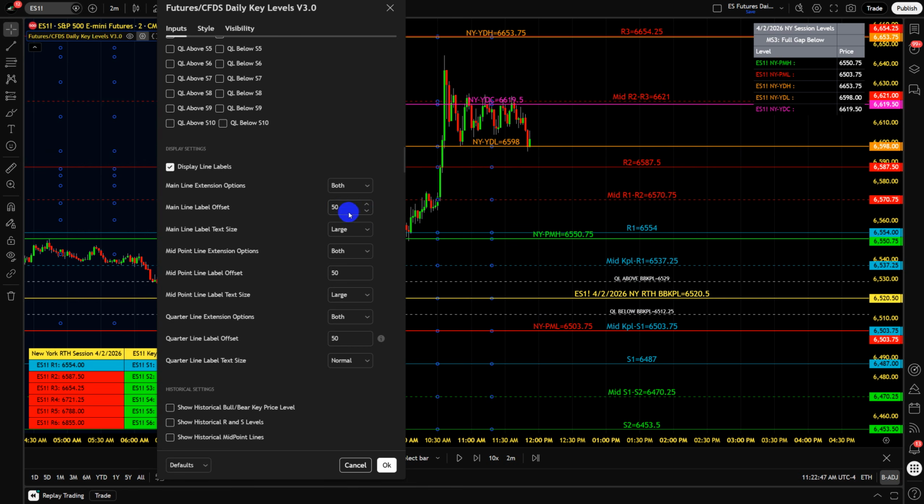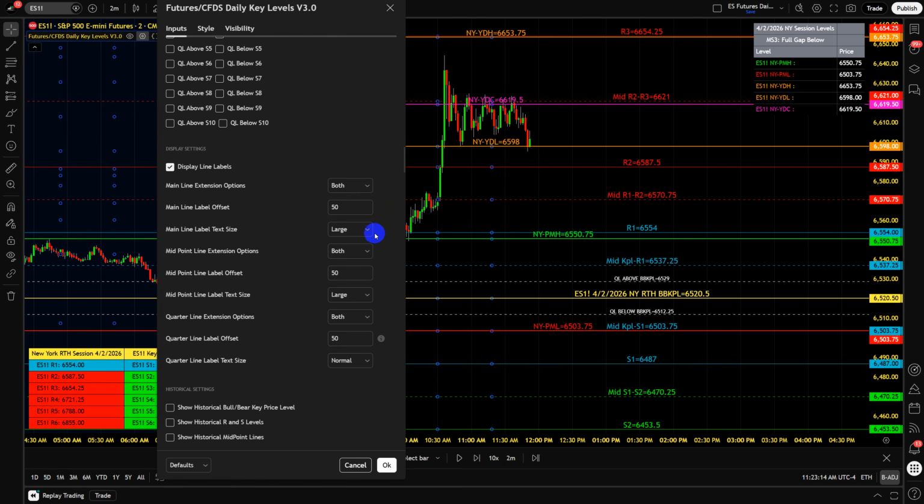If you want to make it a higher number, it'll move them further away to the right. If you make this 0, then the middle will be right at price action. If you make it a negative number, then the middle of it moves to the left of price action, however many bars the negative number is. The greater the negative number, the more it moves to the left.